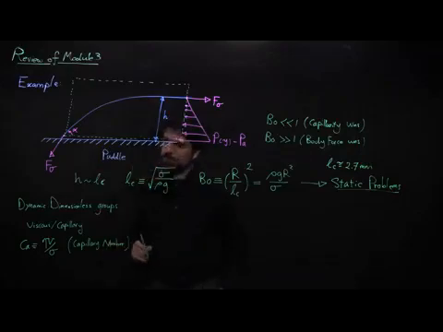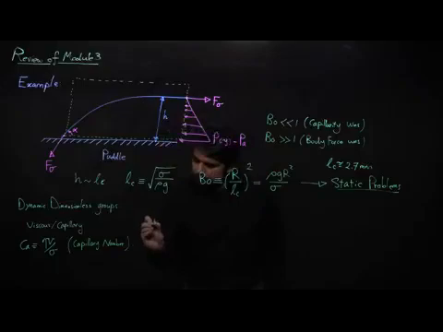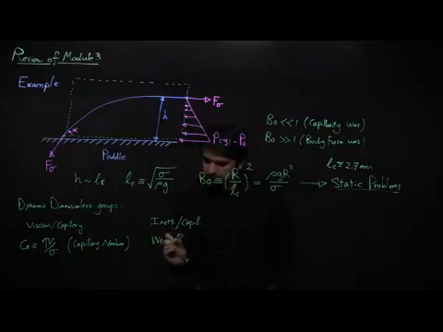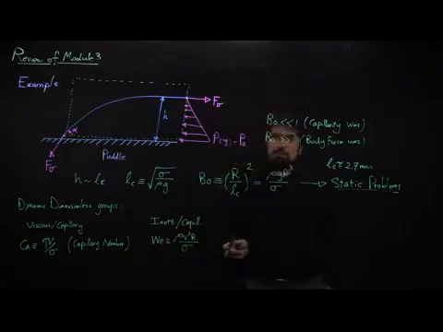Similarly, you can compare the scale of inertial terms, so let's say inertia terms divided by capillary. If you do that, you get what is known as the Weber number, which is defined as rho v squared multiplied by r divided by sigma. One way you can always check is that it is really unitless and dimensionless.